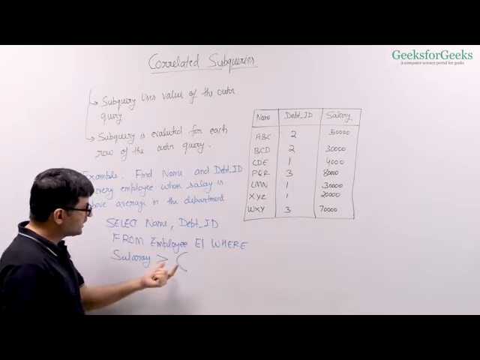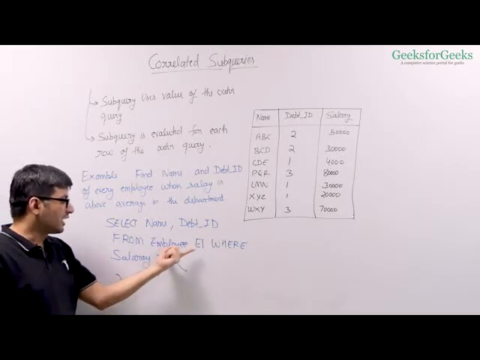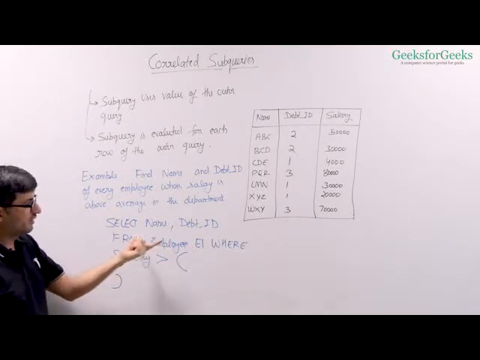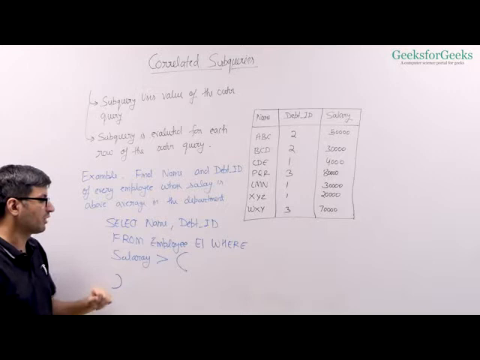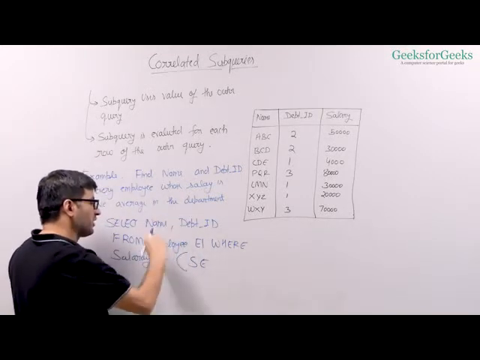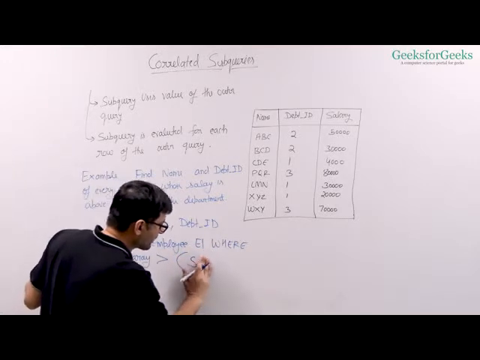now what we do is in the inner query we are going to write something like this: select average salary of the department of this employee, right? So we'll say select. So we are processing every row one by one, and for the current row we are writing this inner query.